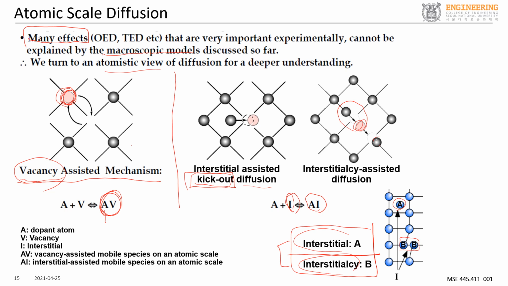So whether it's just interstitial or interstitial C, it's not that different, but both of them can assist diffusion of the dopant. What we are trying to get to is that higher vacancy or higher interstitial concentration causes more diffusion, faster diffusion.